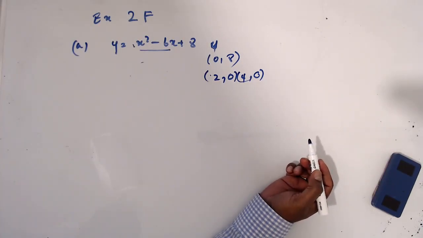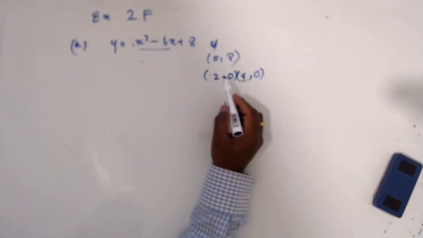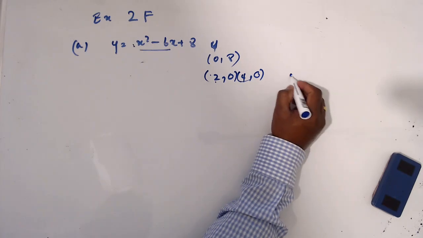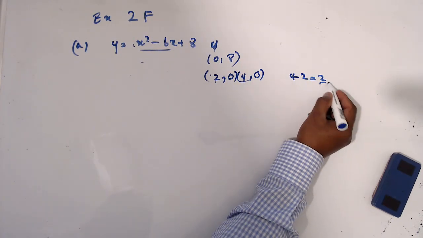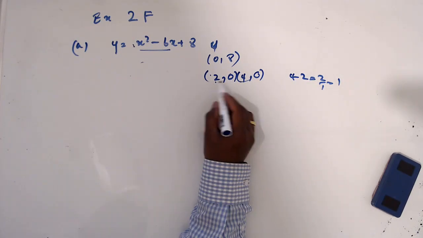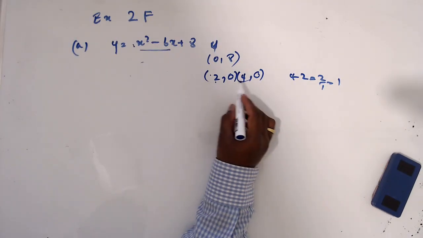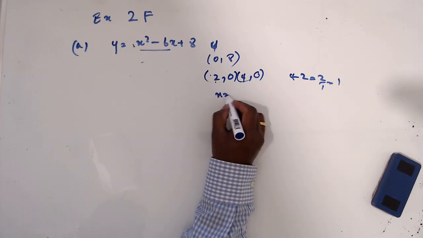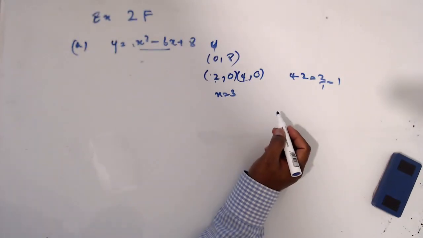And what is the symmetric line? You can get the symmetric line from 2 and 4. The difference 4 minus 2 is 2, 2 divided by 2 is 1. If you add 1 to 2, it means x equals 3 is the symmetric line.